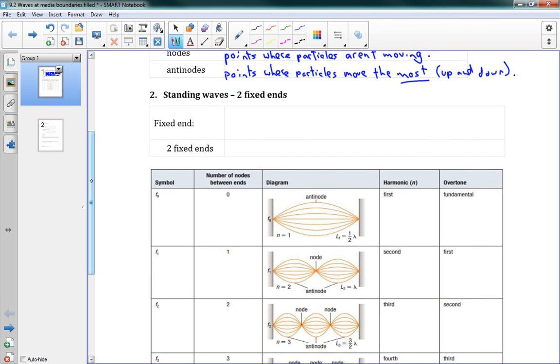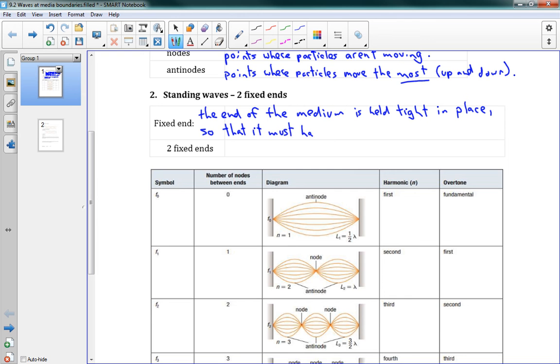And what I mean by a fixed end is that the end of the medium is held tight in place, so that it must have a node. Remember, a node is a point where it doesn't move at all.